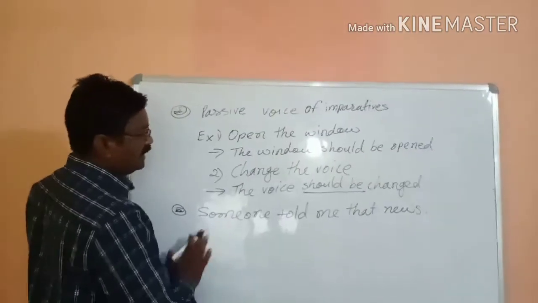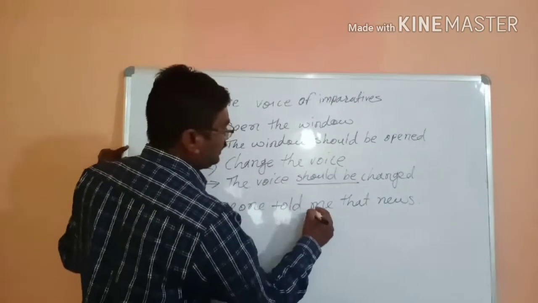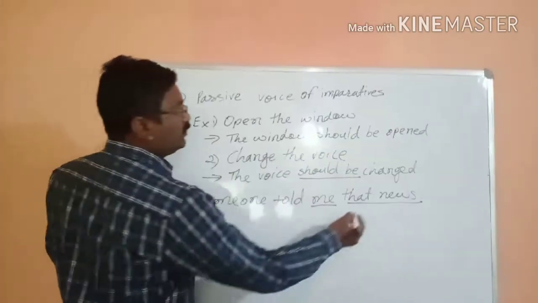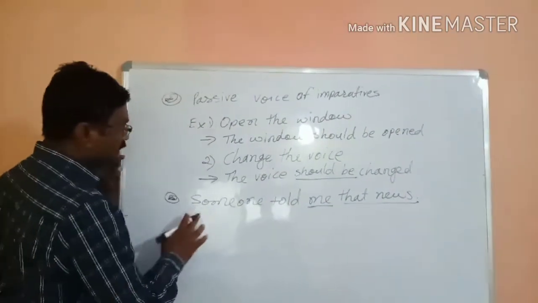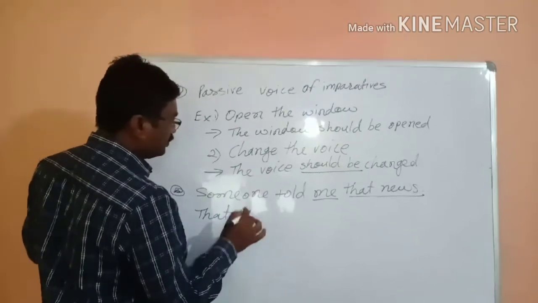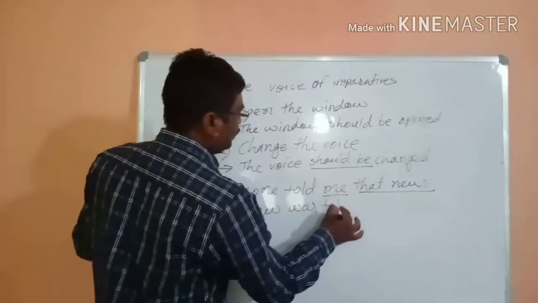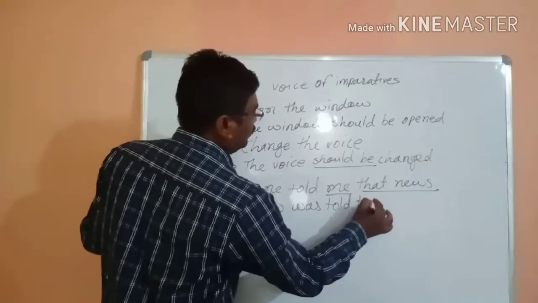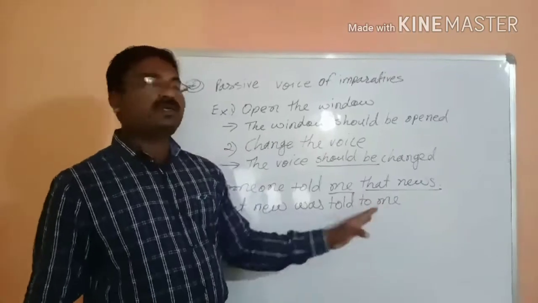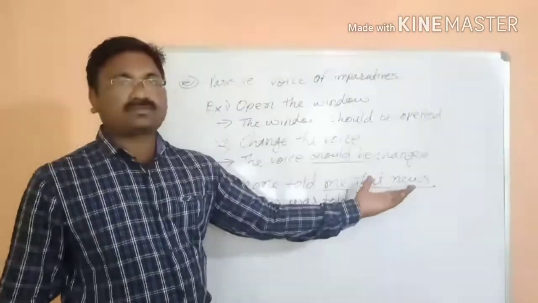Here two objects are there, me and that news. So we have to take the direct object: that news was told to me. As someone is there, you need not use by someone.